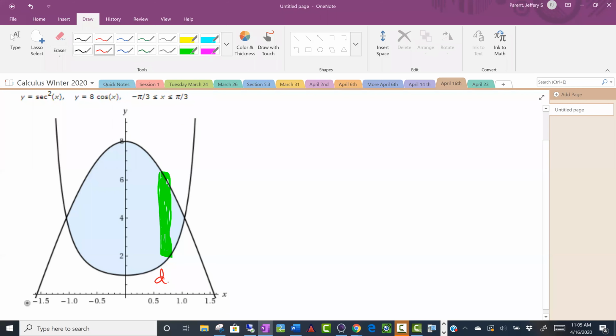Now the area is going to be the width times the height. We'll see if we can figure out what the width and the height would be. So area of one rectangle.